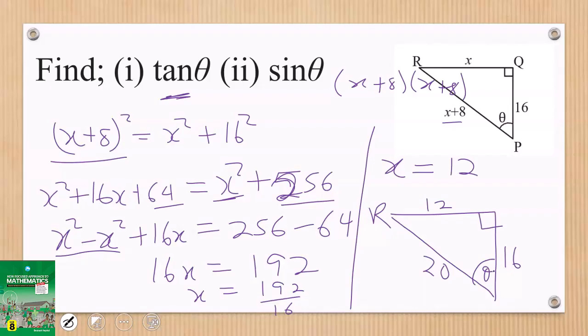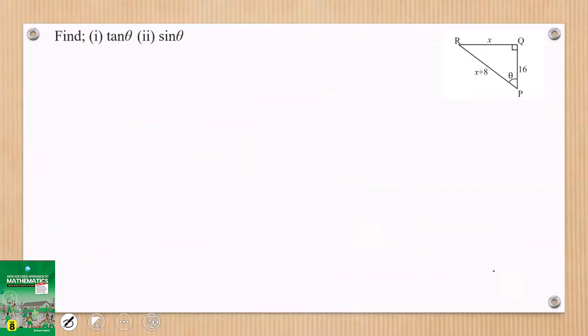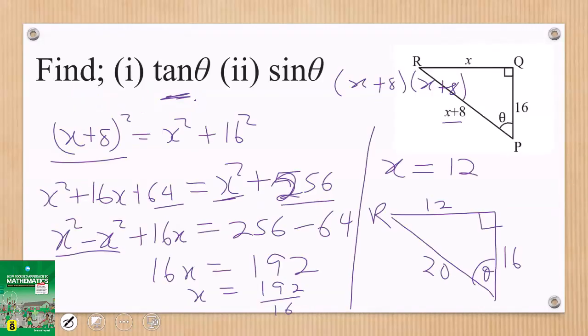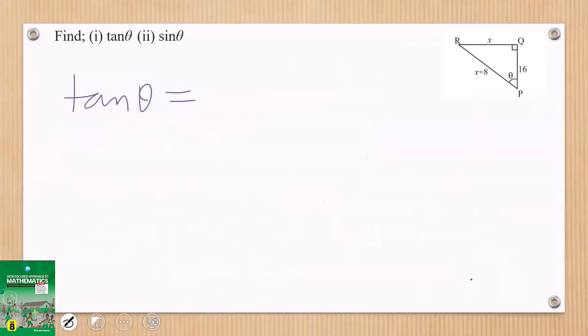Tan theta will be equal to our opposite, which is the opposite of this angle, which is 12, over adjacent 16. When you reduce this to the lowest form, we can have 4 dividing 12 as 3 and 4 dividing 16 as 4, and that becomes our answer.